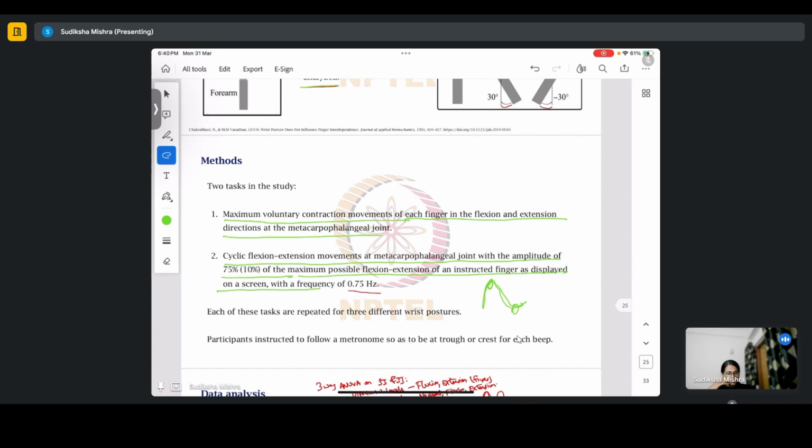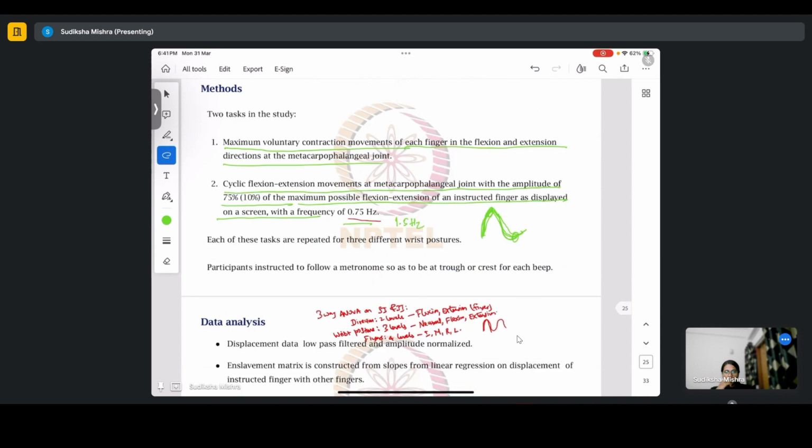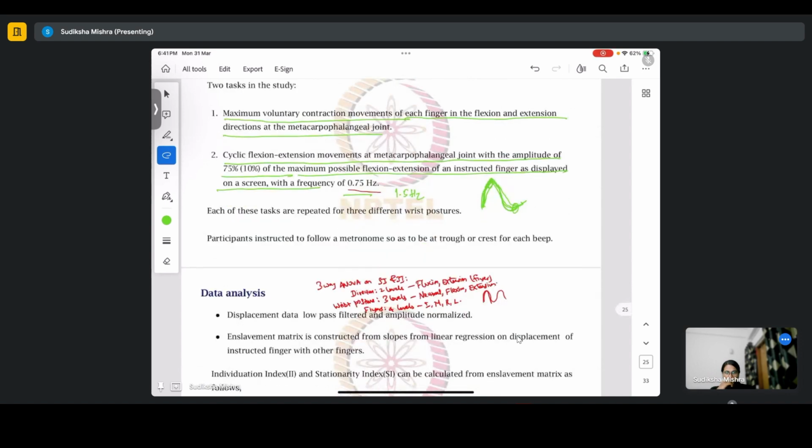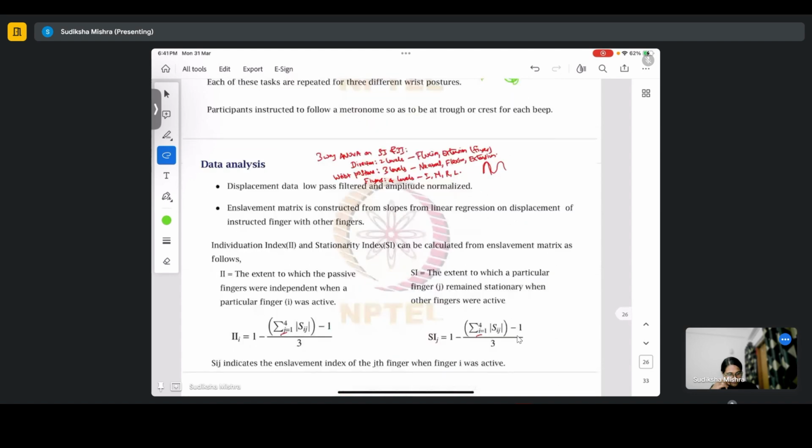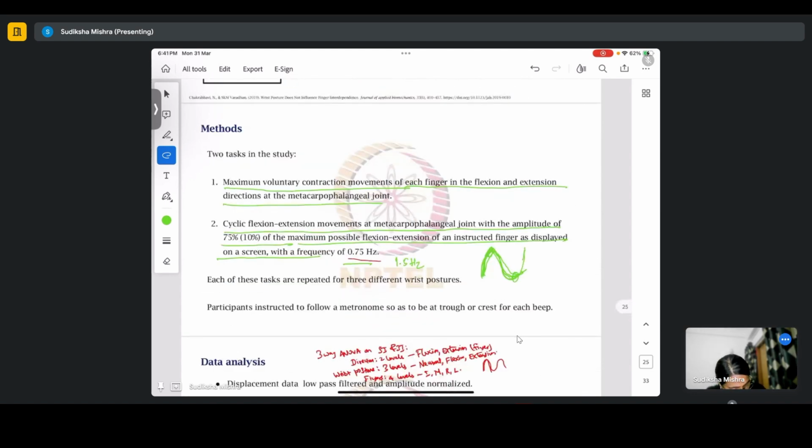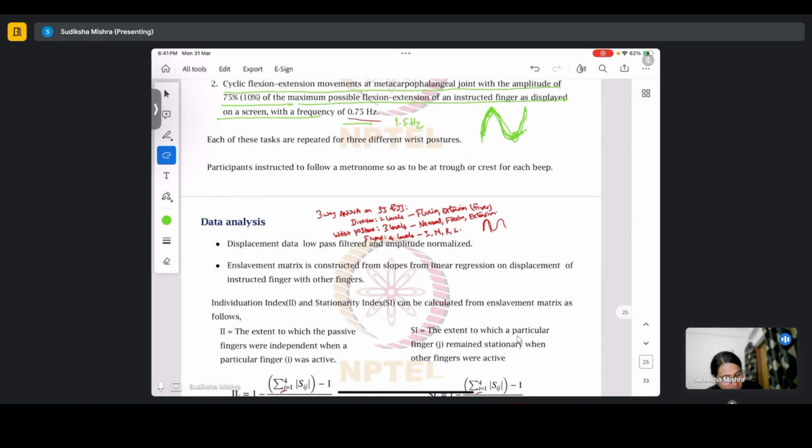And as half of this is 0.75, it's a 1.5 hertz cycle completely if you consider both. The beeps are at a frequency of 1.5 hertz. Okay.